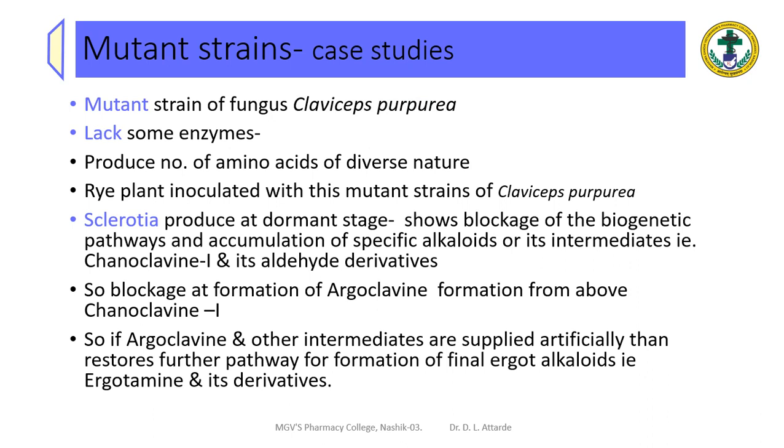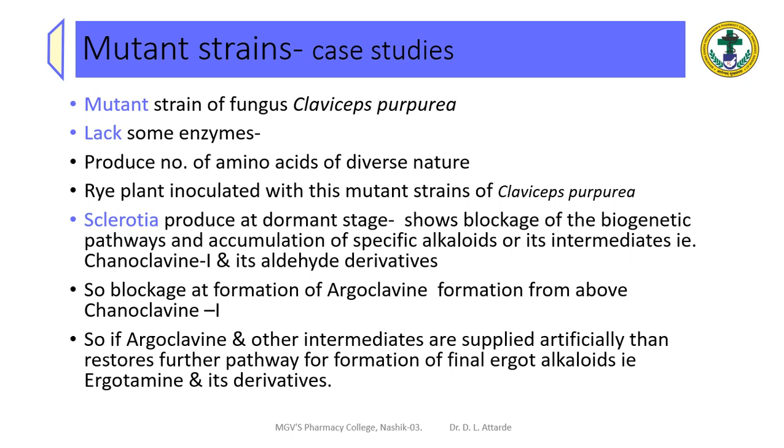They are grains which are used for food purposes, and this fungus goes through various stages of fungal growth, and one stage is called sclerotia, which is the dormant stage of this fungus. At this stage, we isolate this fungus, which is used for the isolation of a range of ergot alkaloids.